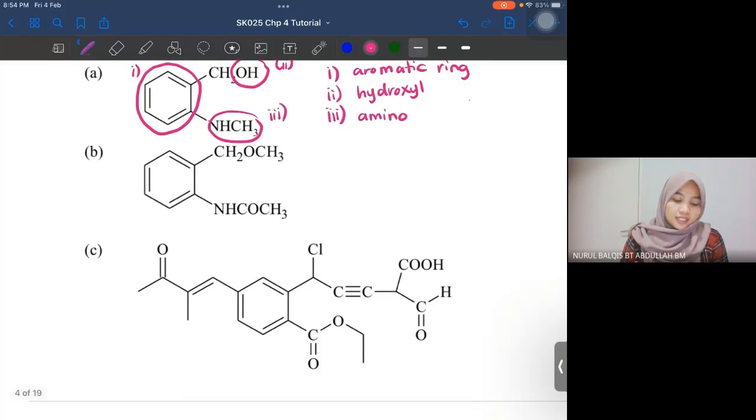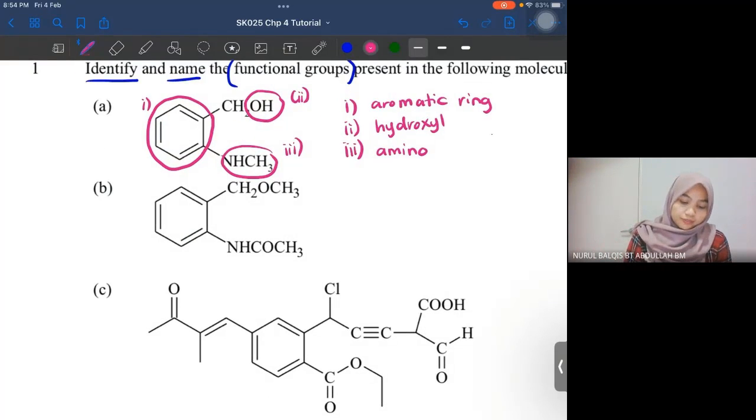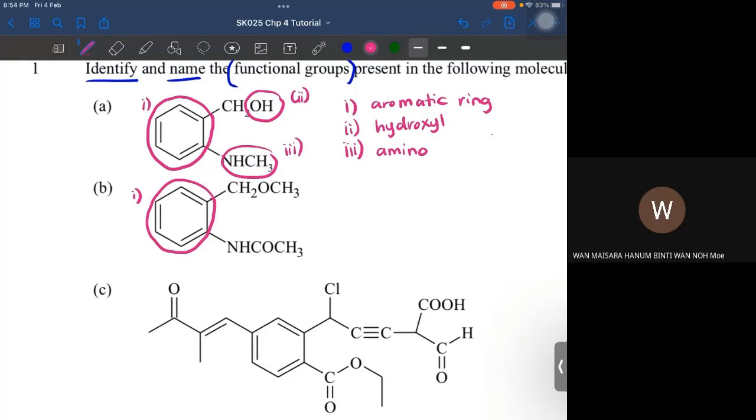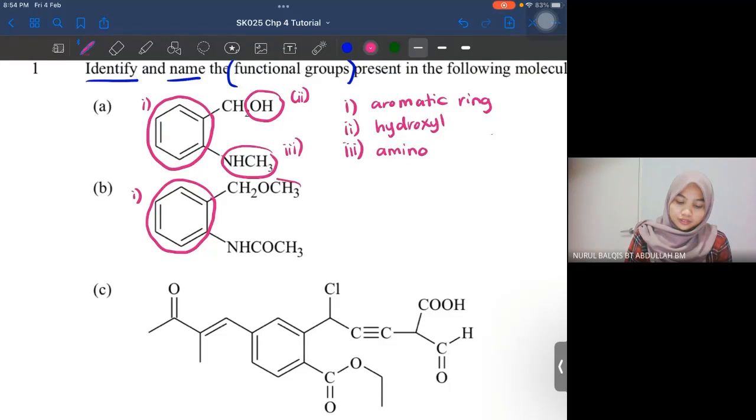Okay, for B kita ada apa? Beritahu saya. We have this, right? Number 1. Yes, lagi kita ada this one, number 2. Dan kita ada apa lagi? Ini kan? This is number 3. So your number 1 should be aromatic ring, the same.